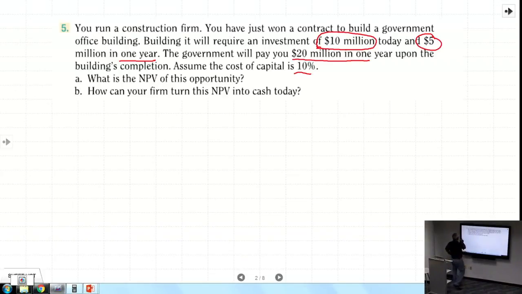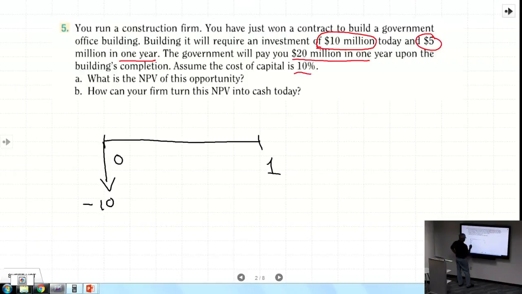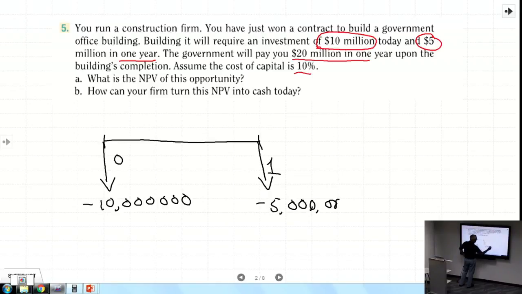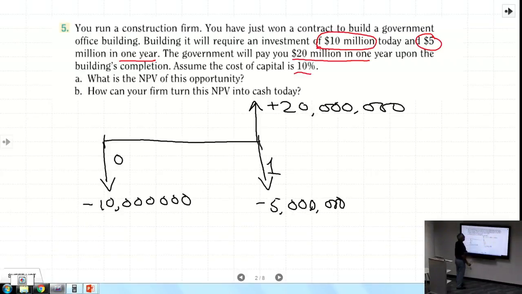So again, we put this in a timeline. This is a simple 1 period problem again, 1 period. It will require an investment of 10 million. So your one investment today is 10 million. And another investment of 5 million, so that's negative again, 5 million, and the government will pay you 20 million, so plus 20 a year from now.